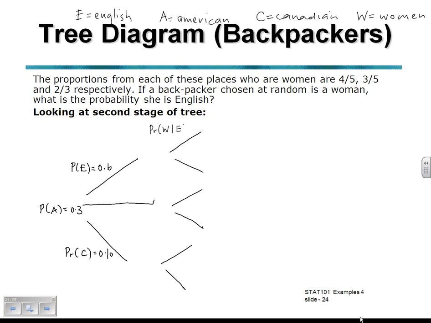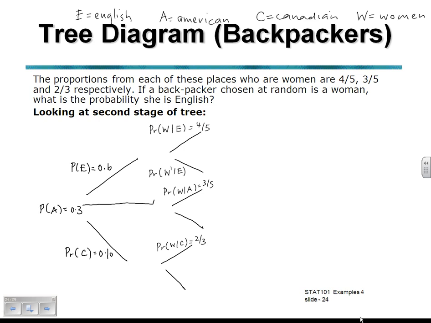Probability of woman given that they're English, and we're given this in the question as 4/5. We're also given 3/5 that they're American, so probability woman given American will be 3/5. And the last bit of information given in the question is for Canadians. Probability of woman given that they're Canadian is 2/3.